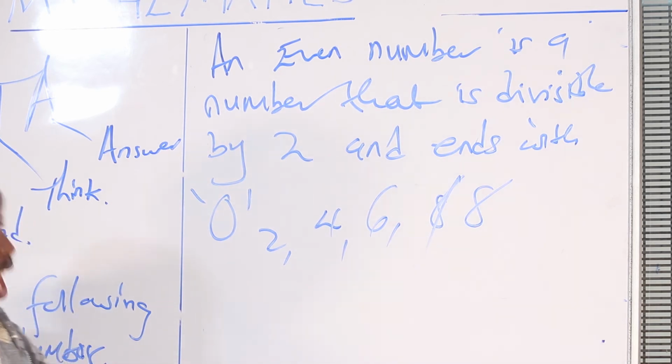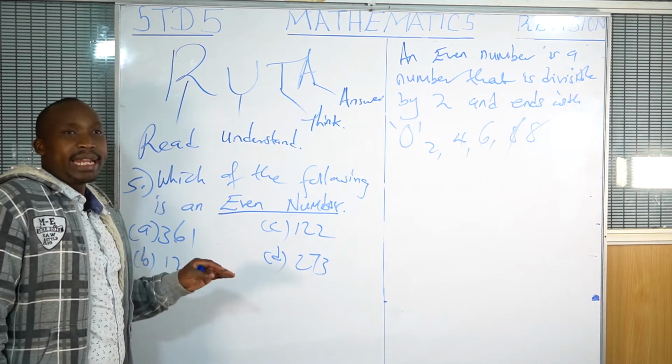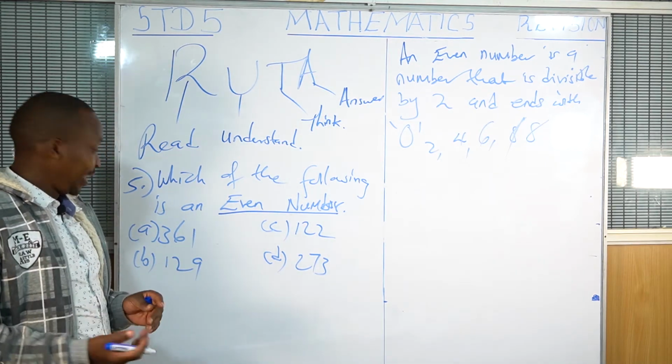And 8. Now, class 5s, I want us to see the following numbers we have been given, what they are ending with.